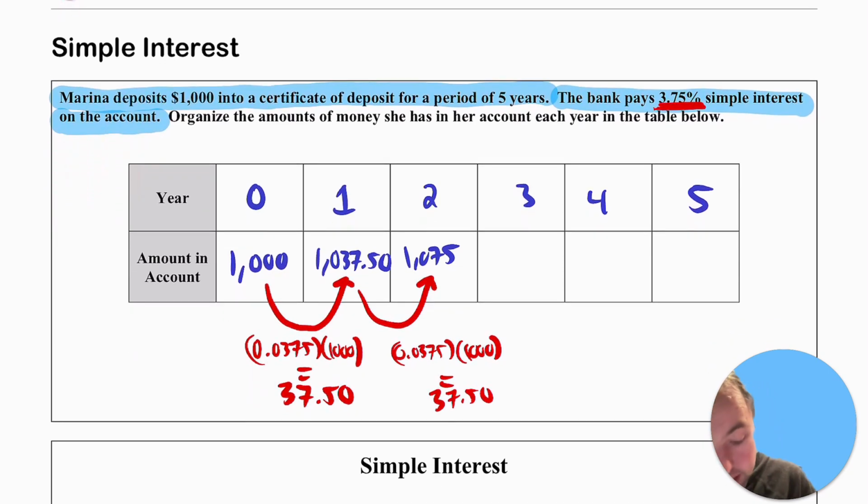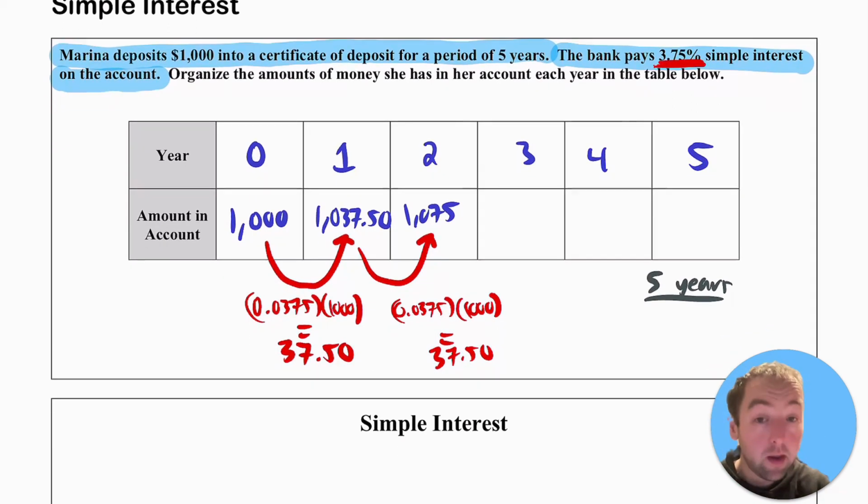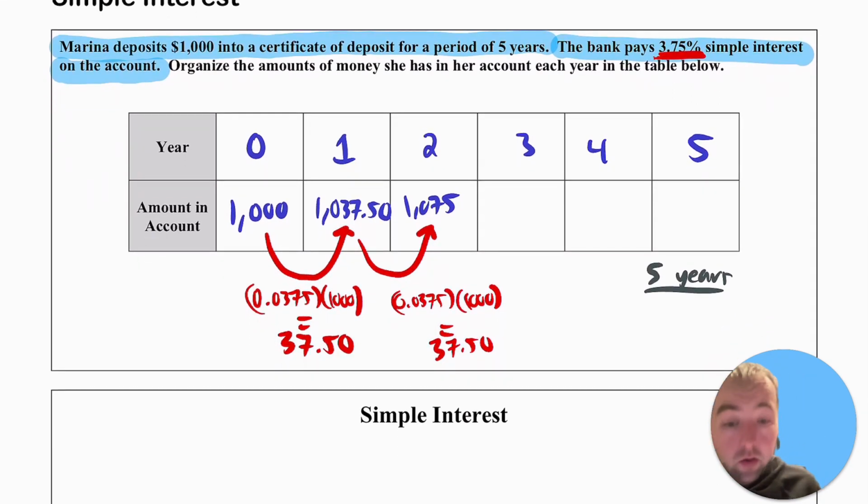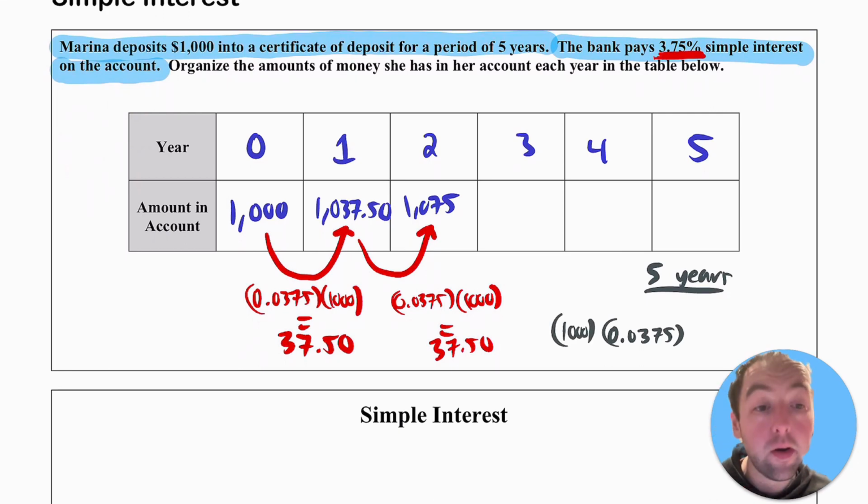What you're going to see in terms of interest accumulating over time is that if we wanted to know, let's say in 5 years' time, how much interest we are going to have accumulated, then what you would want to do is take your 3.75% of your $1,000, so times $1,000 with the 3.75%.